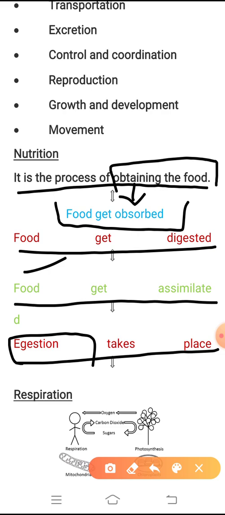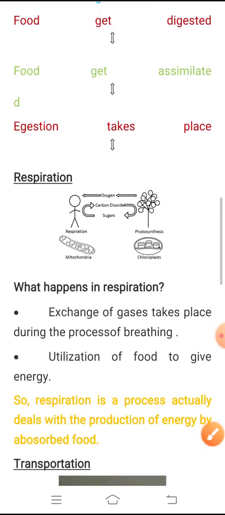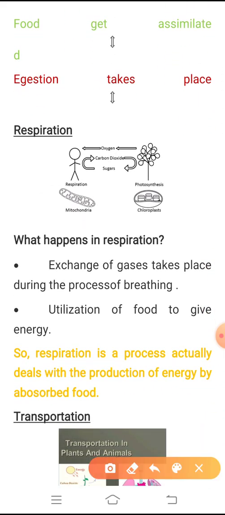Moving to the next, we are going to study about respiration. When I talk about respiration, I have to discuss mainly two things. One is the exchange of gases, that is, the process of breathing.